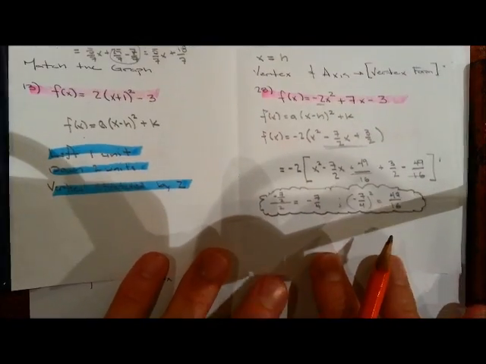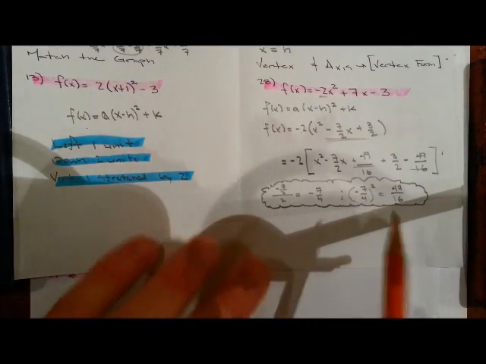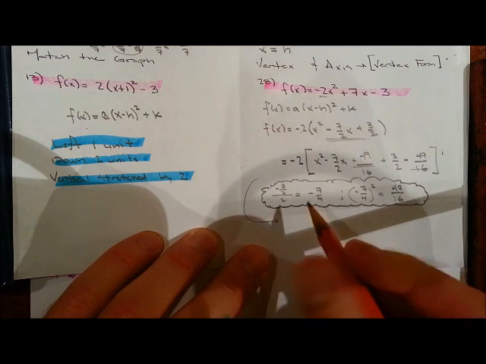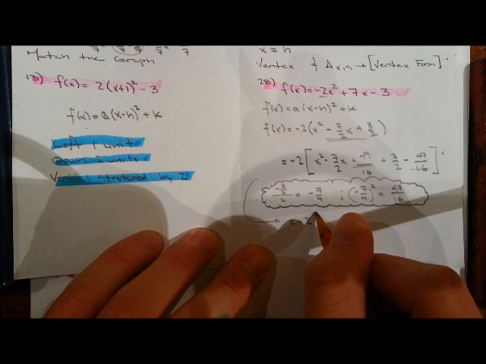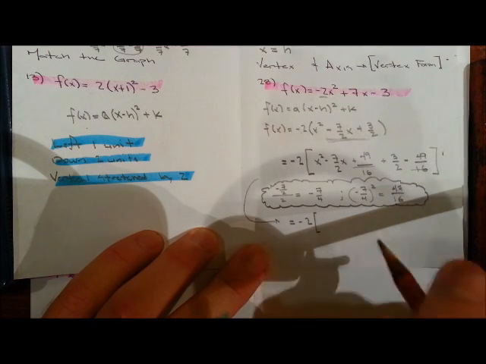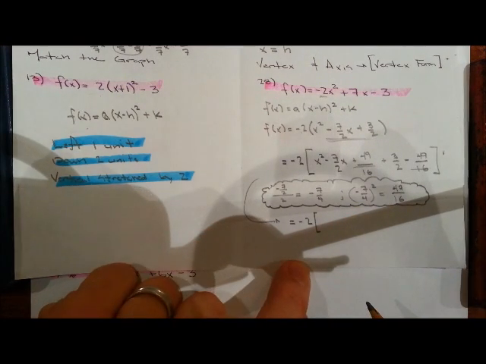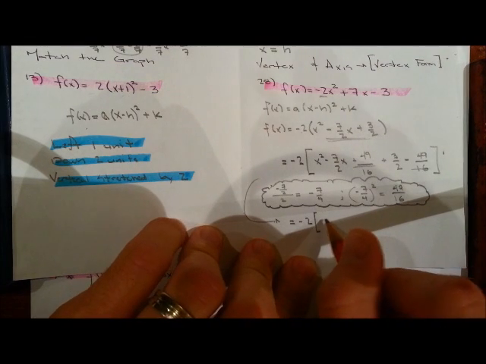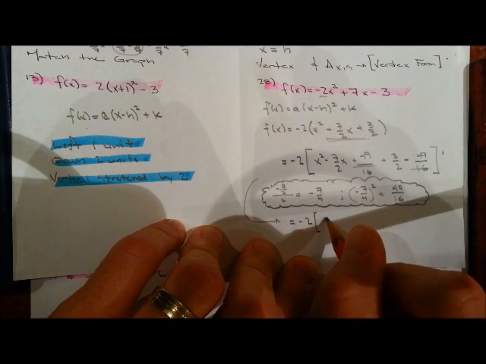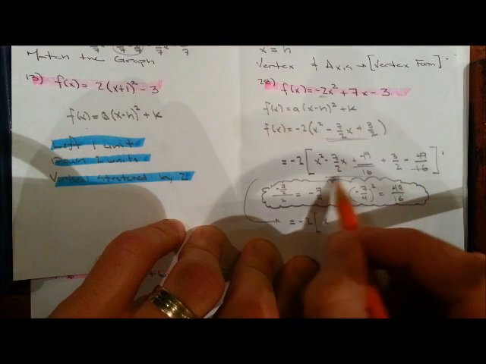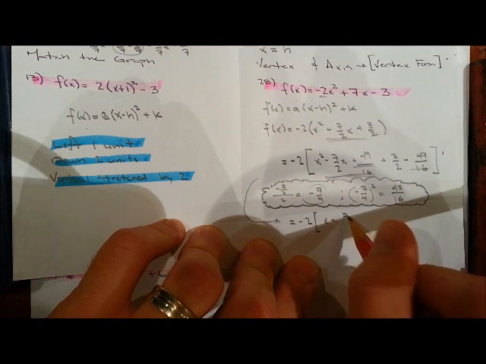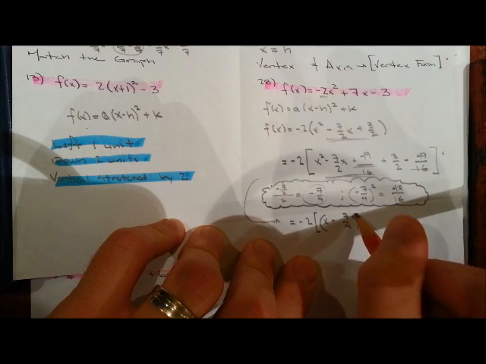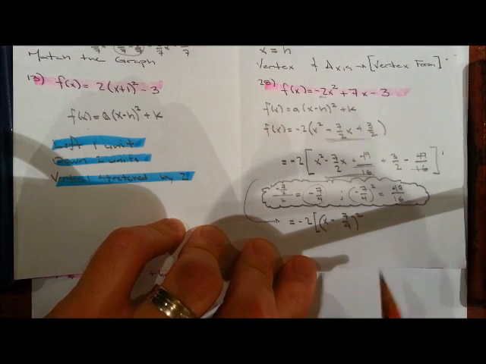So now, as I have this set up, I have a perfect square. I'm going to have negative 2 times, and I'm going to keep my brackets just to keep things cleaned up right now, negative 2 times x. This becomes a nice perfect square using this value, x minus 7 over 4 squared.